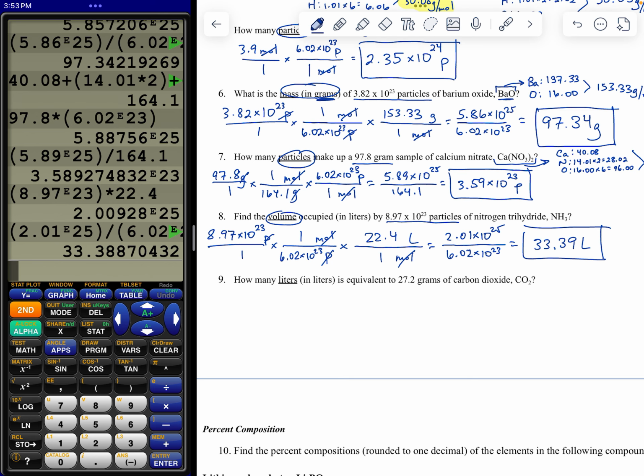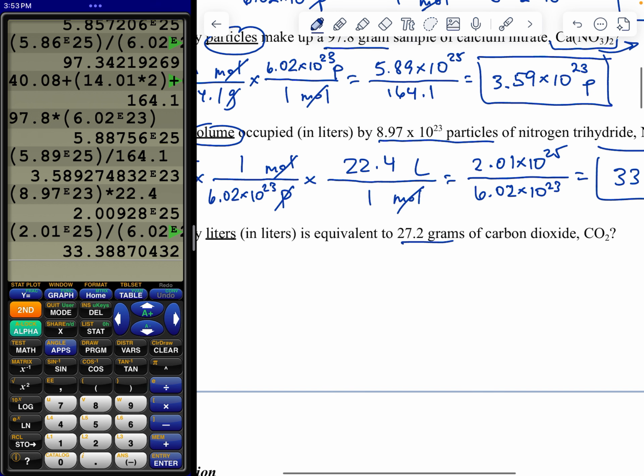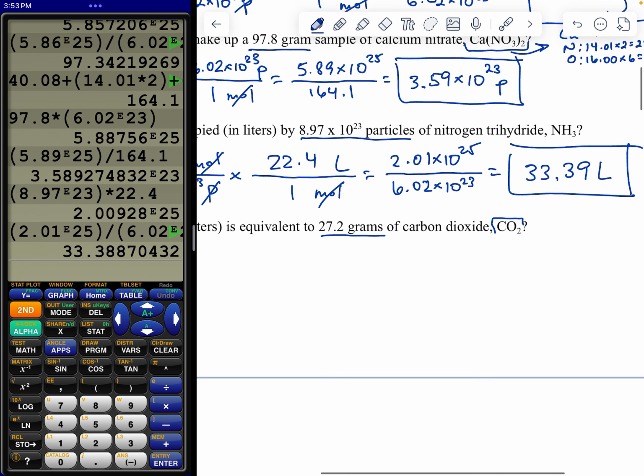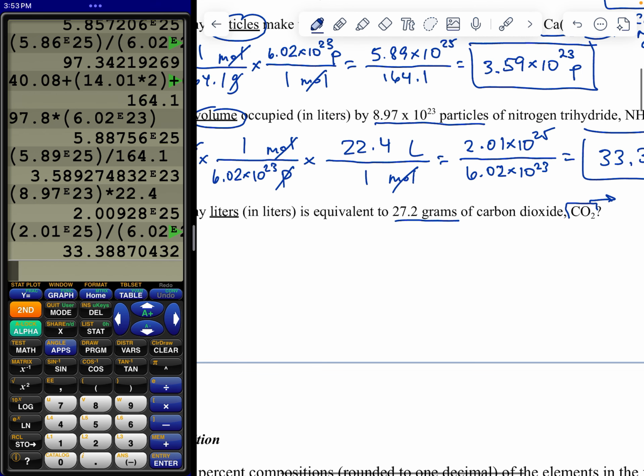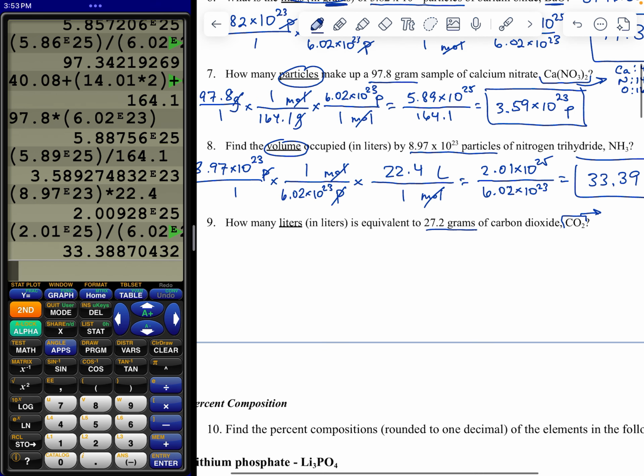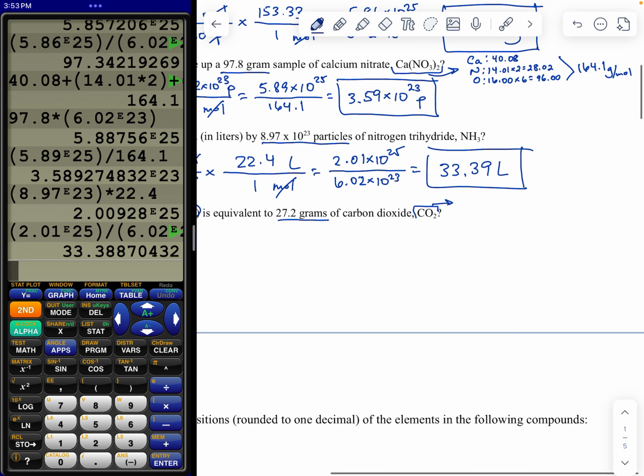Now, in this next one, number 9, we see we do start with grams, and so now we know, okay, we are going to have to take note of what the substance is and find its molar mass here, because that's going to be a conversion factor that we use. We want liters in the end, and so before we do anything, let's figure out what the molar mass of this is going to be.